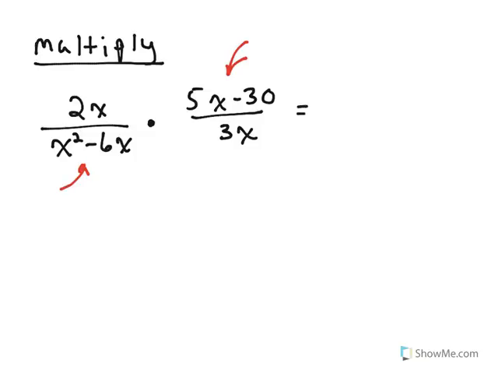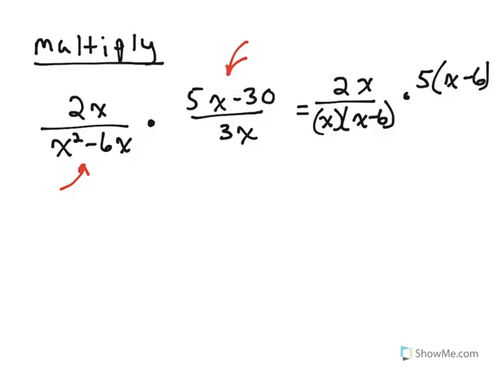And that will give us 2x over x times x minus 6, times 5 times x minus 6 over 3x.